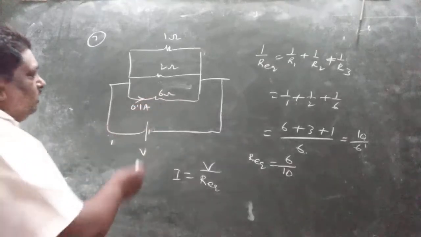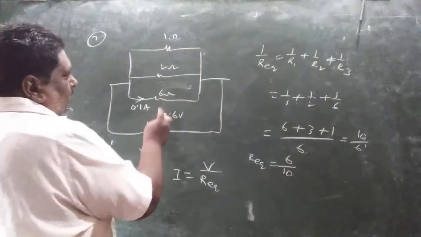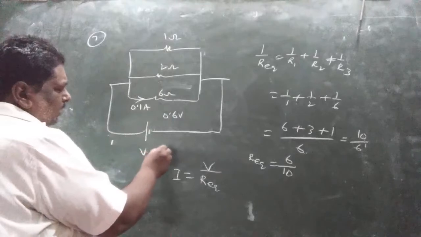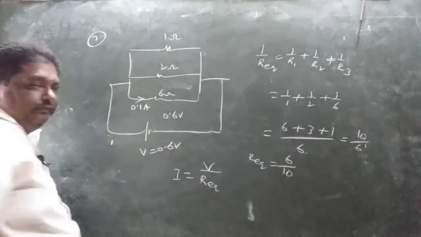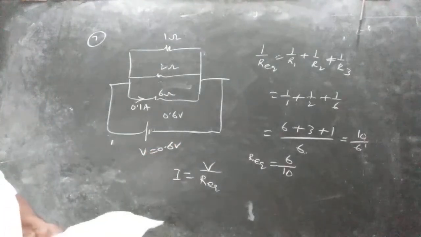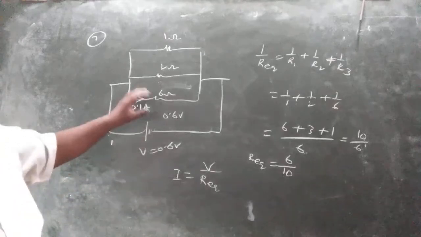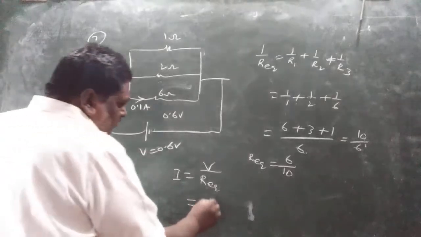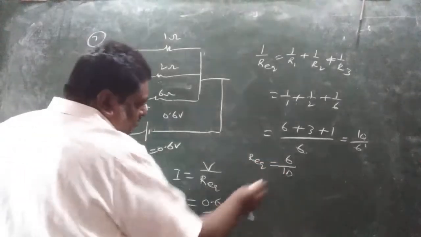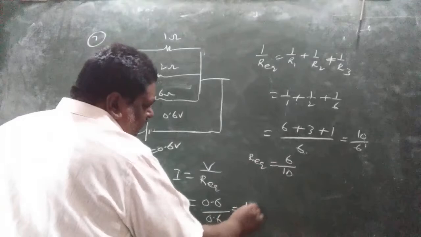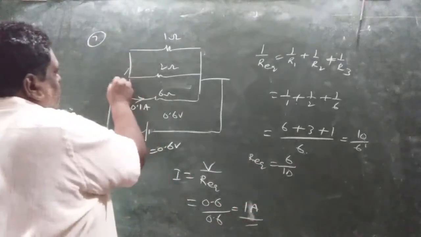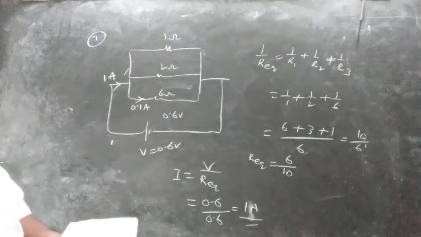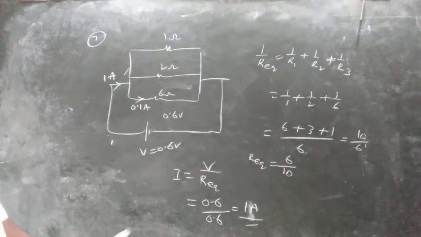So here 0.6, here also 0.6, here also 0.6 volts. By using this parallel property, we found the total voltage is 0.6. Therefore 0.6 volts, and R equivalent is also 0.6. So 1 ampere is the total current passing through the circuit. See where the answer is. I think it is the fourth option.